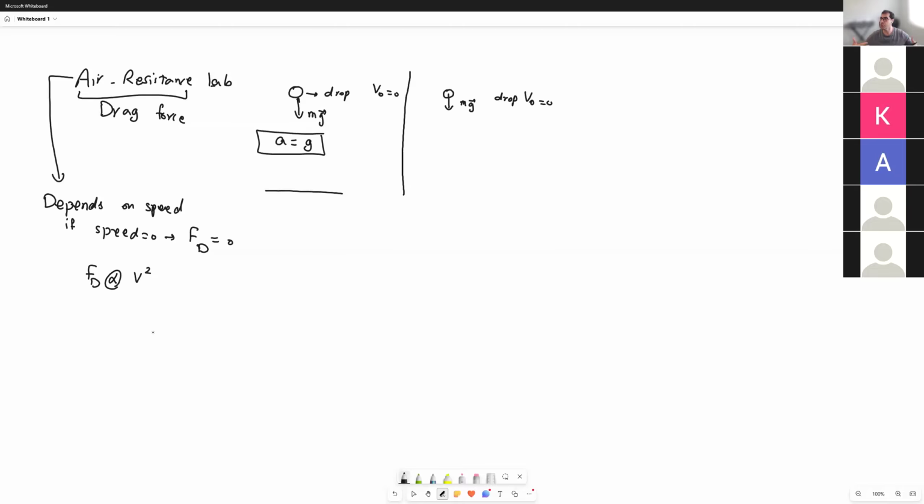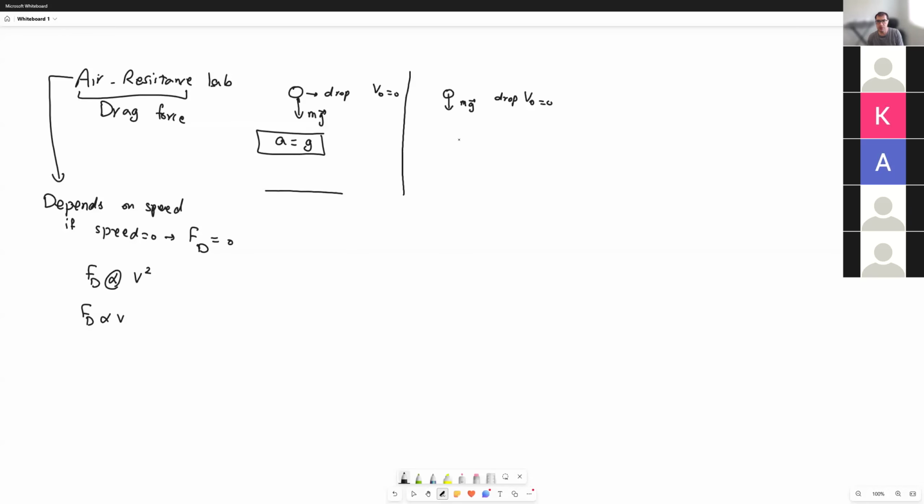You probably notice this, guys. When you run faster, you feel the air more. You feel the air resistance. It's a force that depends on speed, and in most cases, the speed is squared. In some cases, if the speed is slow, it depends on the speed itself, not v squared.